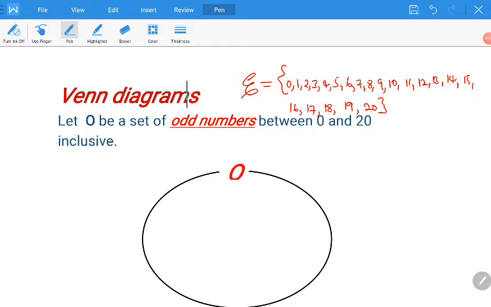And O is the set of odd numbers. Odd numbers are numbers that leave a remainder when we divide such a number by 2.